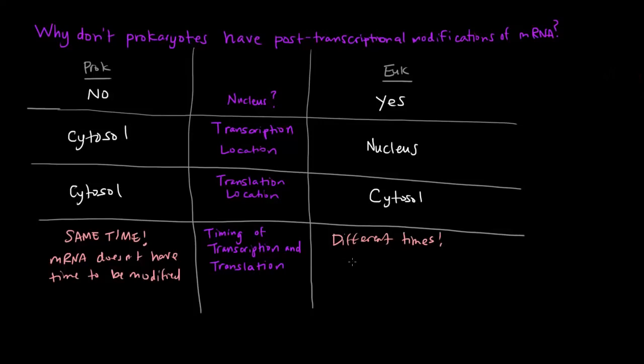Then translation can occur. Because the mRNA is separated from the cytosol by the nuclear membrane, there is time for modifications, essentially. So that subtle difference of the presence or lack thereof of a nucleus is important in answering this question, and I hope that made sense.